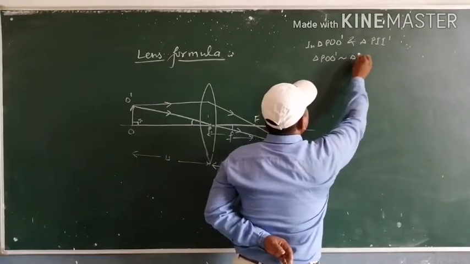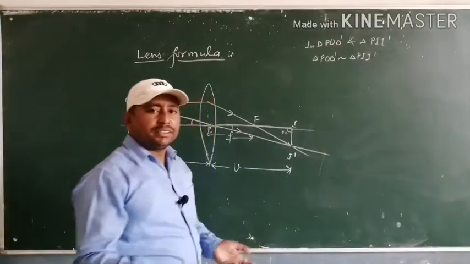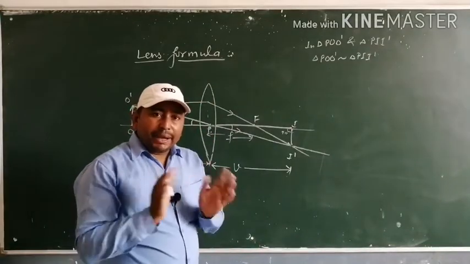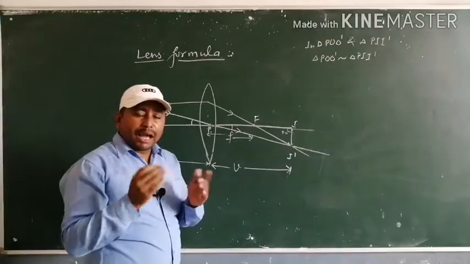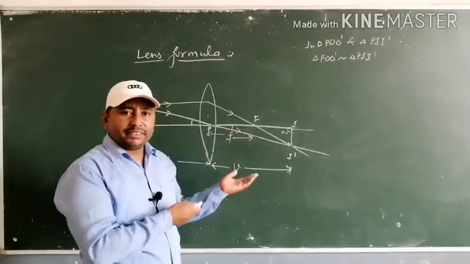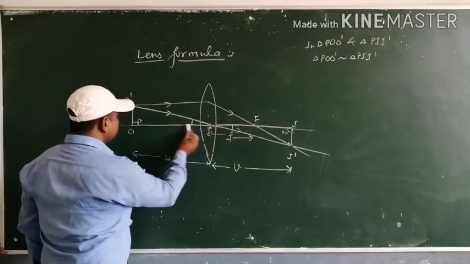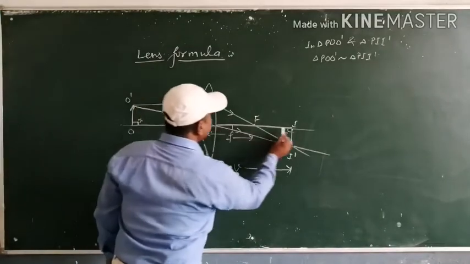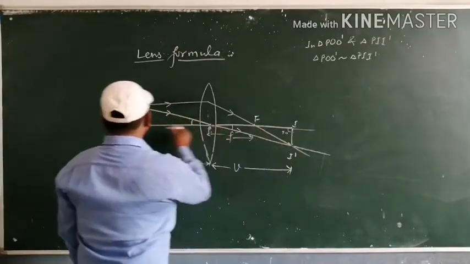These two triangles are similar to each other, and we know that by similarity, if we apply the basic proportionality property, then the value of this divided by the value of this is equal to the value of this divided by the value of this.